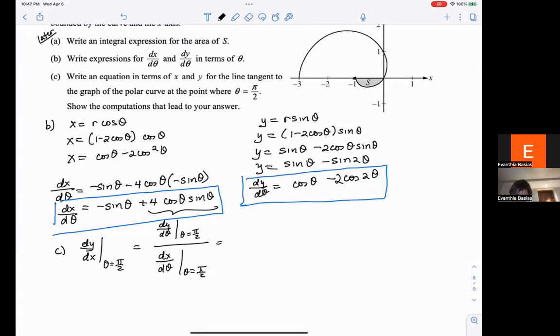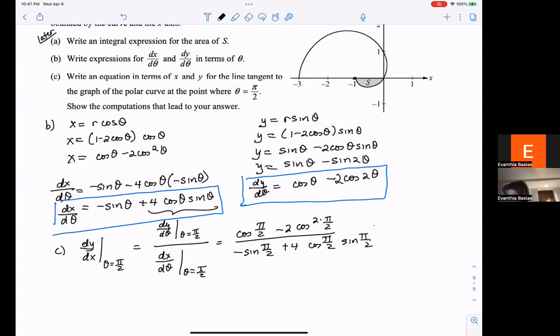So substituting accordingly, we get cosine pi over 2 minus 2 cosine 2 times pi over 2. And the other one would be negative sine pi over 2 plus 4 cosine pi over 2 sine pi over 2.